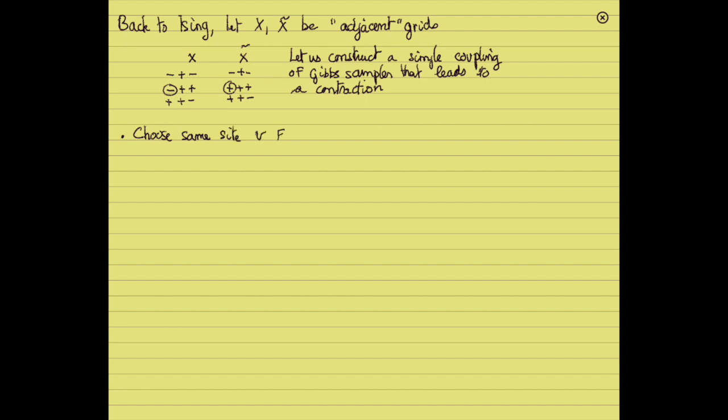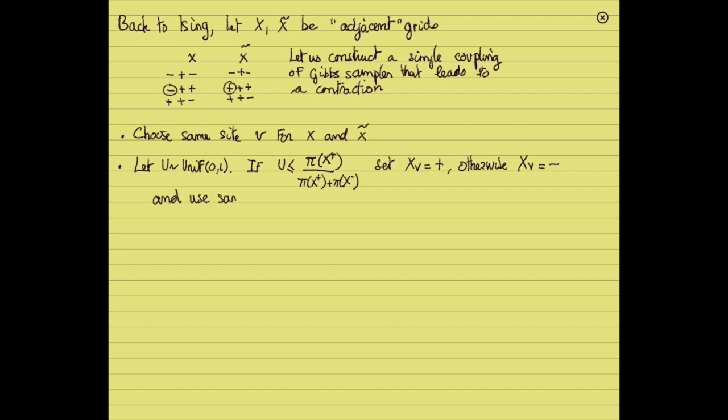So here's the coupling. At every step, we will choose the same site, V, in the grid X and in the grid X tilde, among all the n square sites. And then we will use a common random number strategy in order to generate the spins. That is, we will use the same uniform and we will compare it to the probabilities of a plus or minus at location V in both X and X tilde. And if you recall from chapter 2, common random number couplings for Bernoulli variables is also the maximal coupling.